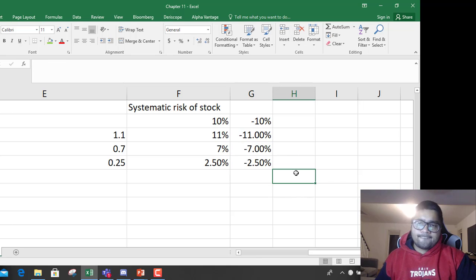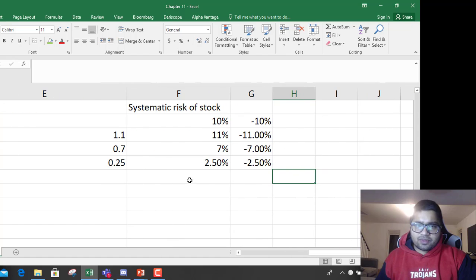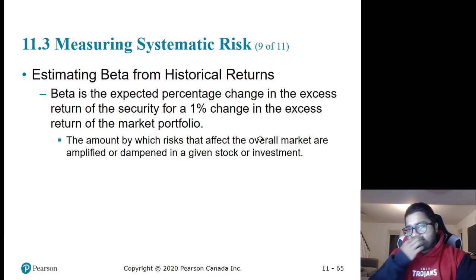So this is how you can imagine beta. A stock having beta more than 1 means it reacts more than the market. If it is less than 1, it reacts less than the market. Lower the beta, lower is the reaction to the market.